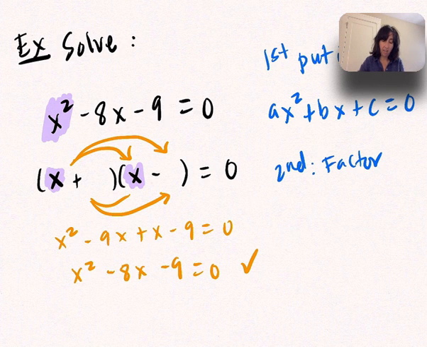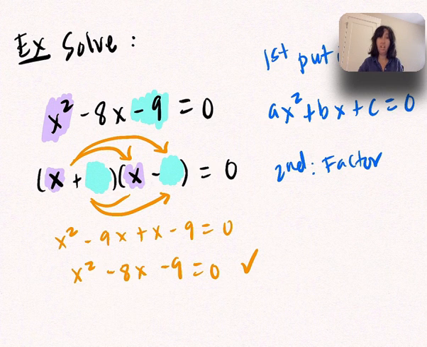Next, I look at this number at the end, negative 9. What goes here and what goes here has to multiply together to be negative 9. So that gives us 2 options, 3 and 3 or 9 and 1. And when you do this by inspection, you're going to stick the numbers there and then multiply out to see which 2 numbers give you the correct middle term.